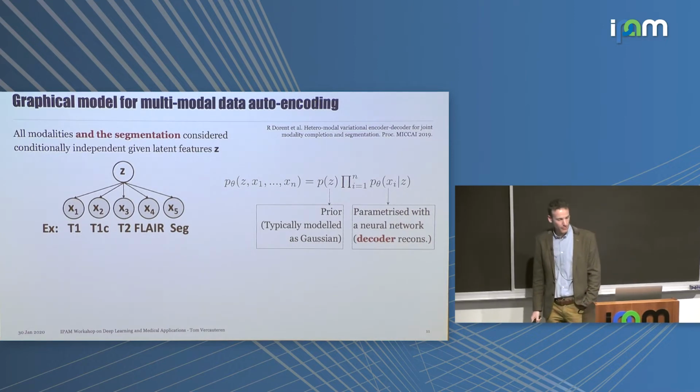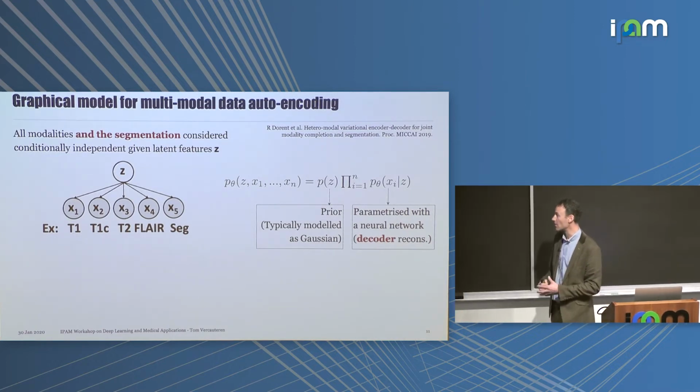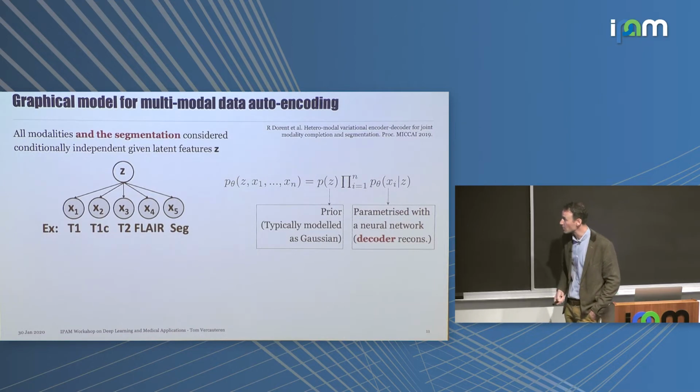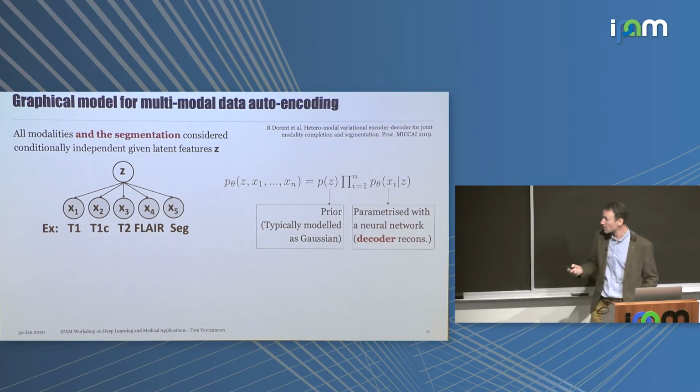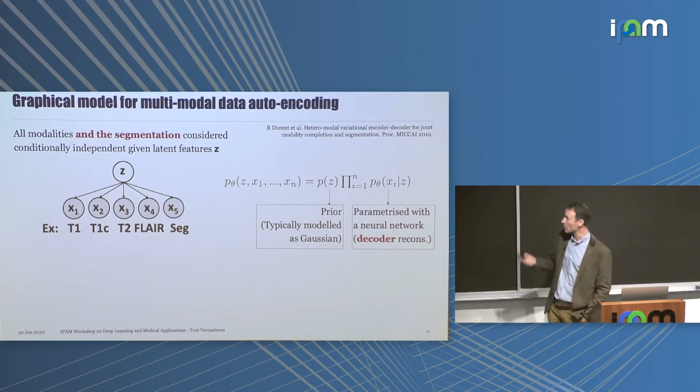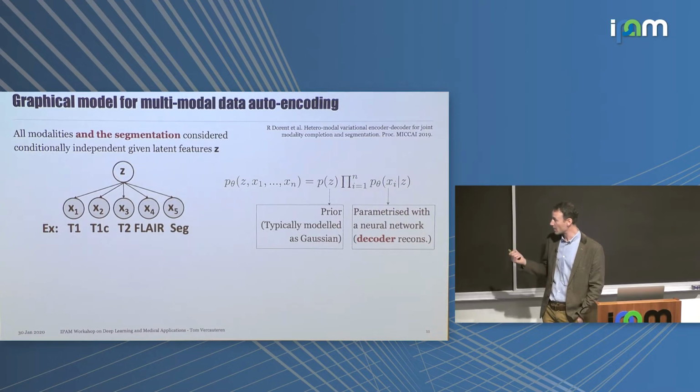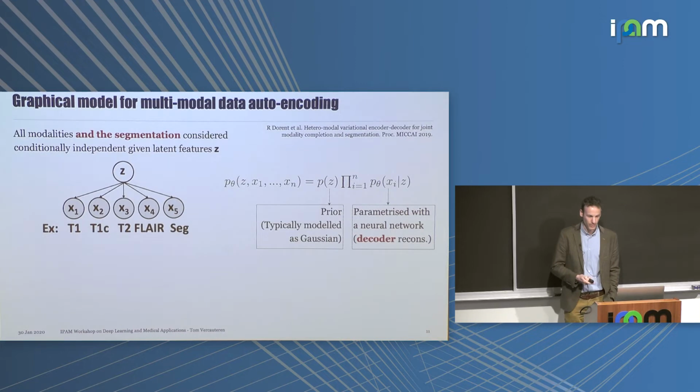Now if you try to encode the joint distribution of the latent space, the imaging modalities and the segmentation, you can see that there's a way of factorizing it so that you get a prior for your latent space and some modality-specific distributions as well, which will be interesting because then we can use them independently for each of the modalities.